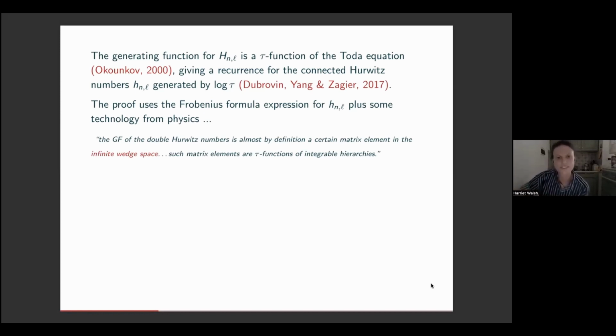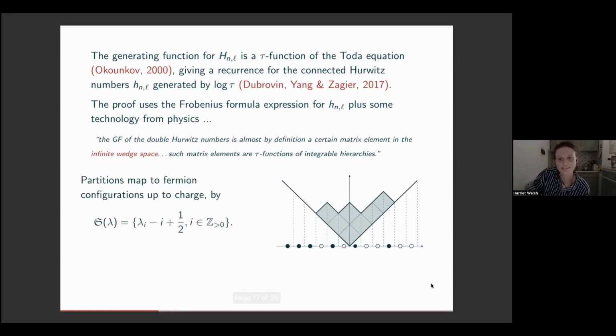And what's interesting here is that the expression used by Okounkov is exactly the one we have from Frobenius's theorem as a sum over partitions through representation theory. And the reason for that is that partitions map very directly to fermion configurations, which give a natural integrable structure.